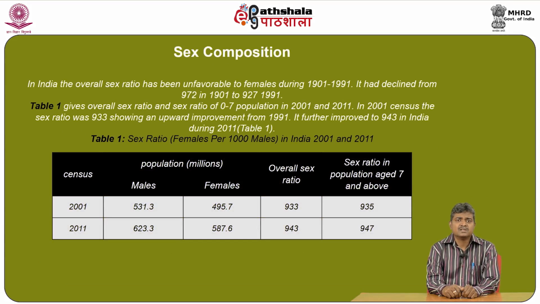In India, the overall sex ratio was unfavorable to females during 1901 to 1991. It declined from 972 in 1901 to 927 in 1991. Table 1 gives the overall sex ratio and the sex ratio of the 7+ population in 2001 and 2011.